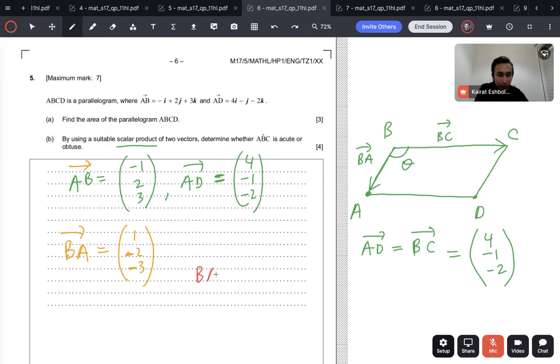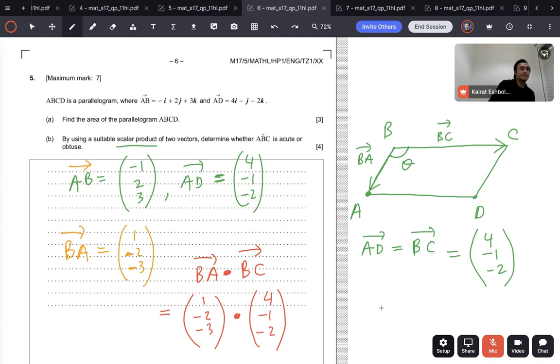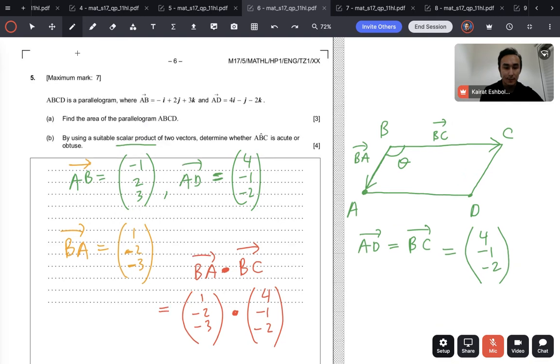BA dot BC is equal to 1, -2, -3 dotted with BC, which is 4, -1, and -2.